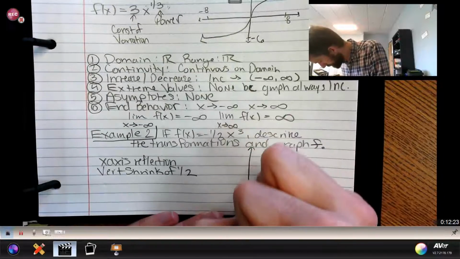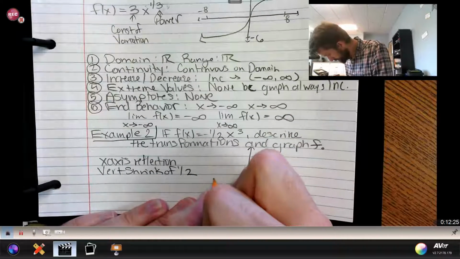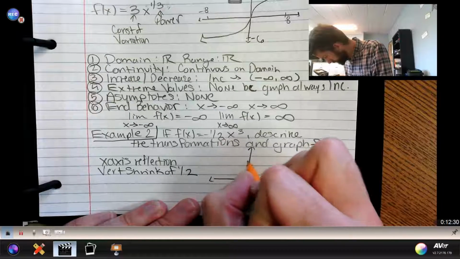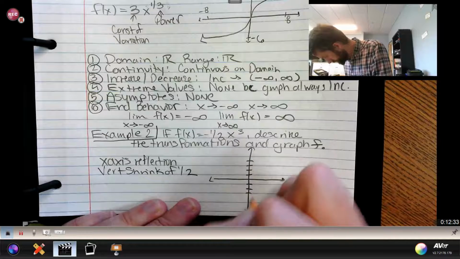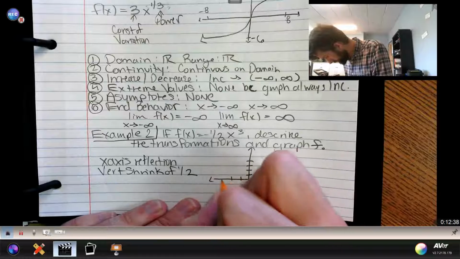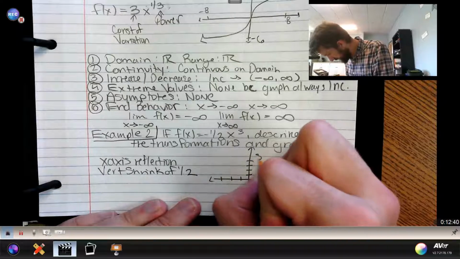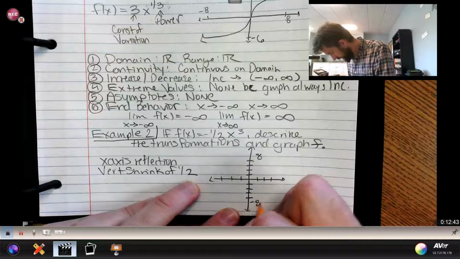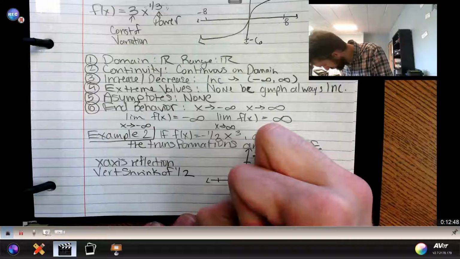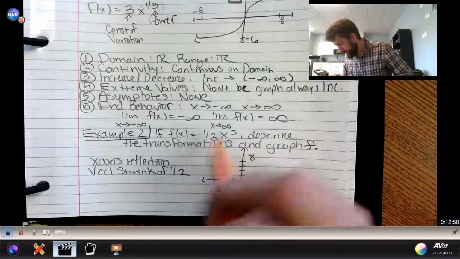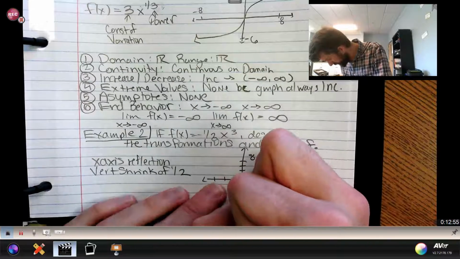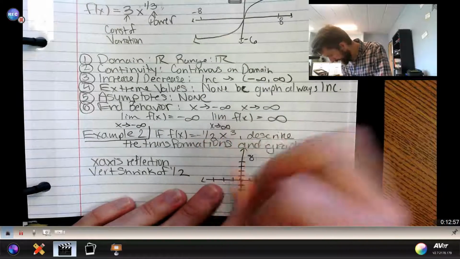As we graph this, if this is 8 up here and this is negative 8, let's graph this function. Still point at 0, 0. Negative 1/2 times 1 to the third is still negative 1/2.